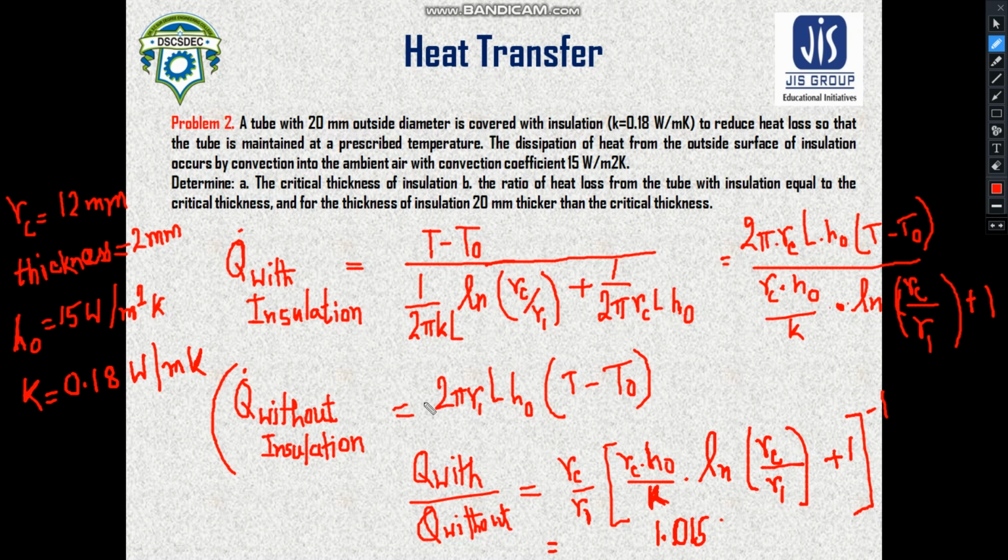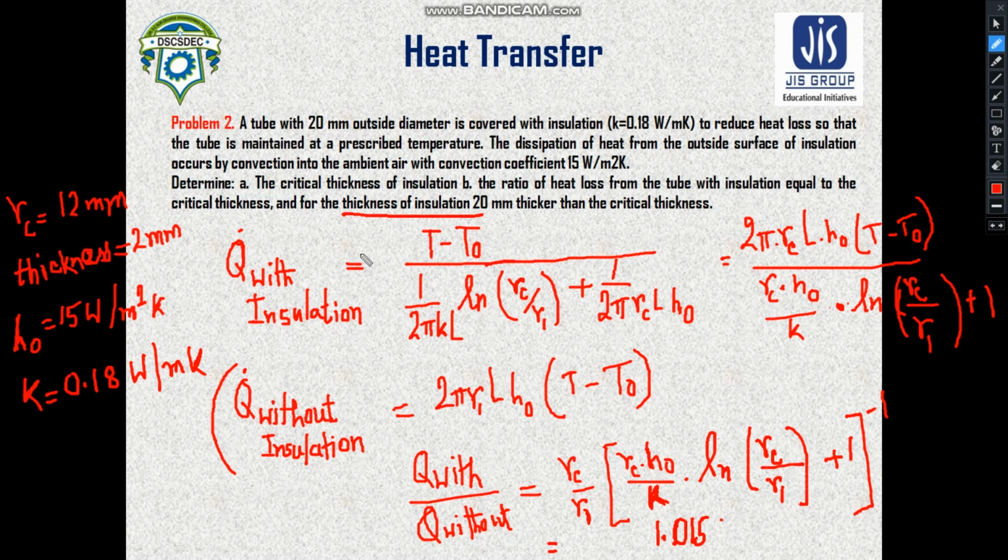Now coming to the second question. For the second case, it has been mentioned that the thickness of insulation is 20 millimeter thicker than the critical radius, or the critical thickness. So what would be the value of the thickness of insulation?